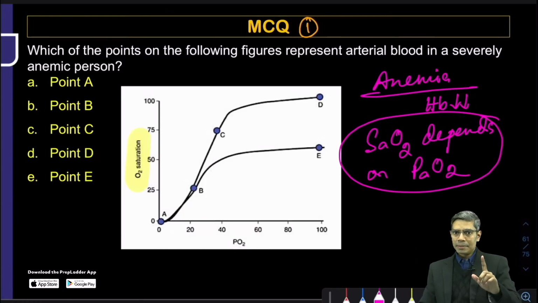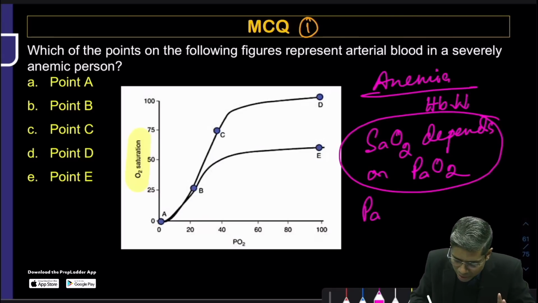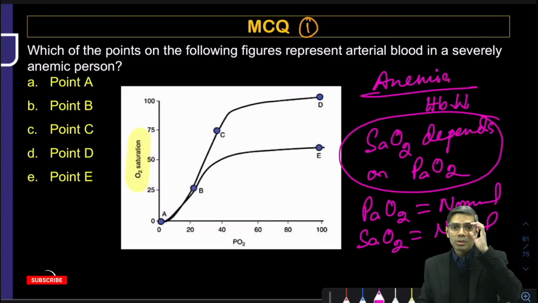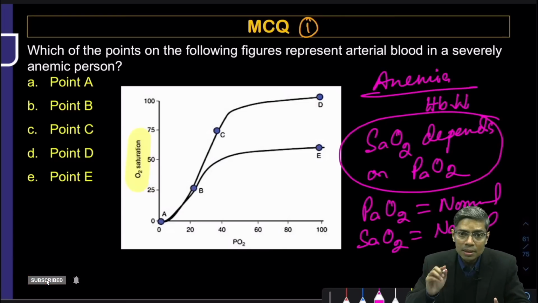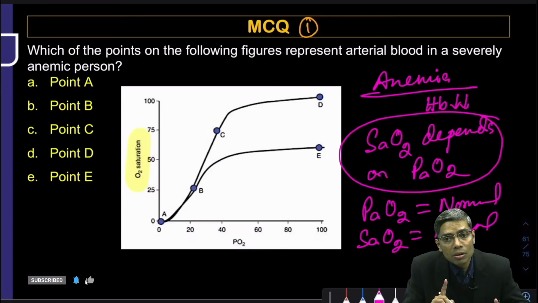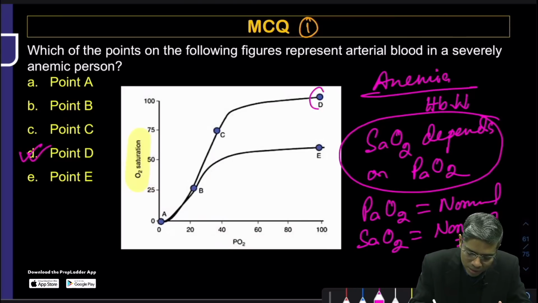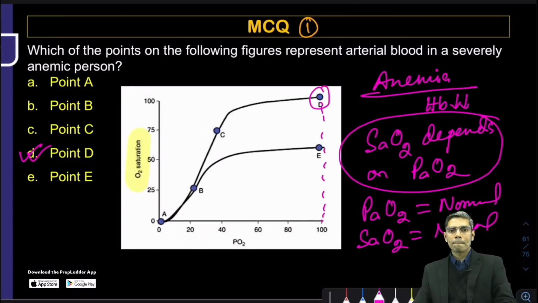In case of anemia, the partial pressure of oxygen in the arterial blood is normal. Arterial blood I am talking about. So the saturation of oxygen will also be normal. Hemoglobin saturation is normal. So please note down, in case of an anemic person, saturation does not change. That's why the answer of this question is point number D. This is the saturation, 100% saturation like that of the normal person.